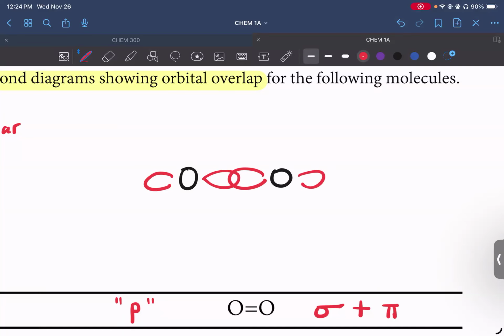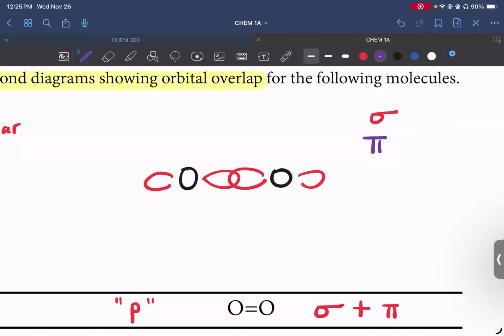Remember, I'm simply putting the oxygen smack dab in the center of where I would draw the normal p orbital. As shown, this is, of course, our sigma bond. I can very clearly see 2 p orbitals, one from each oxygen, head-on overlapping.